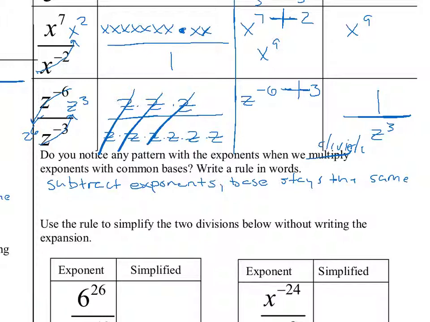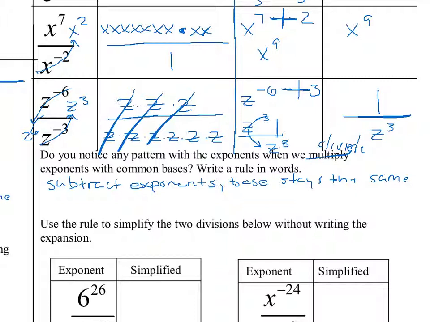Different sign, subtract. You get z to the negative 3, which you flip and you get 1 over z to the third. Alright, so we get z to the negative 3. So we flip that over the fraction bar. 1 over z to the third. Again, same answer here.